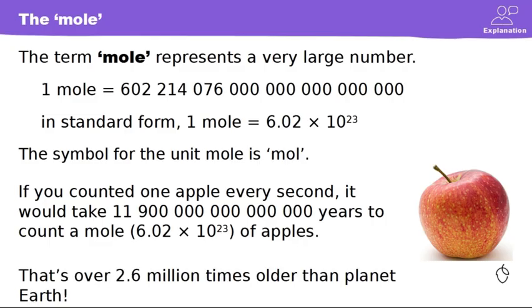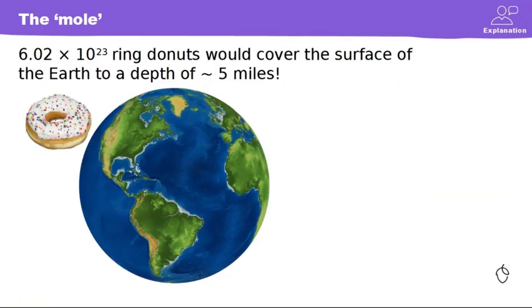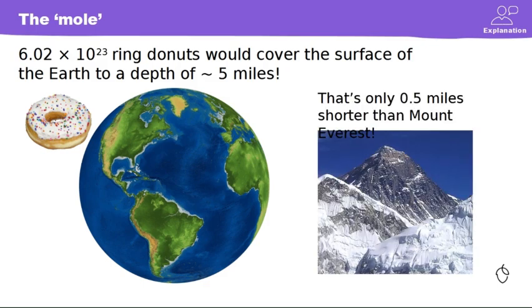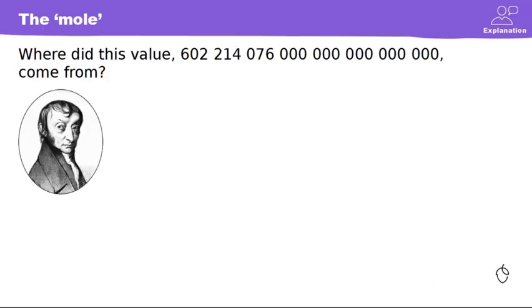That's over 2.6 million times older than the planet Earth. 6.02 times 10 to the 23 rings of donuts would cover the surface of the Earth to a depth of 5 miles, and that's only about 0.5 miles shorter than Mount Everest. So we can see it's a very large number.